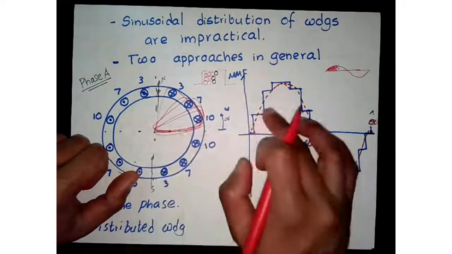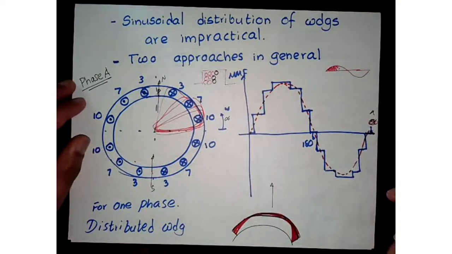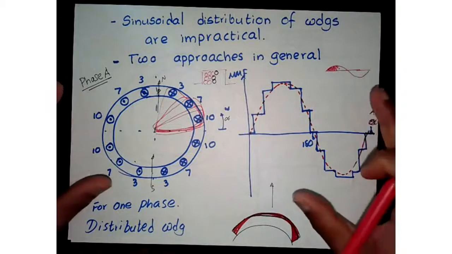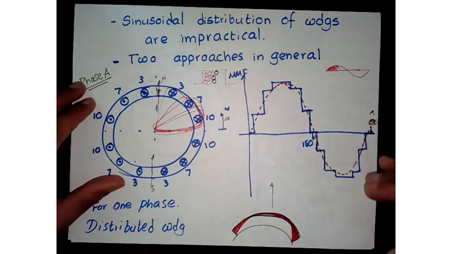So likewise, you're going to see a stepwise, stair-step kind of variation of MMF around the machine, around the air gap.